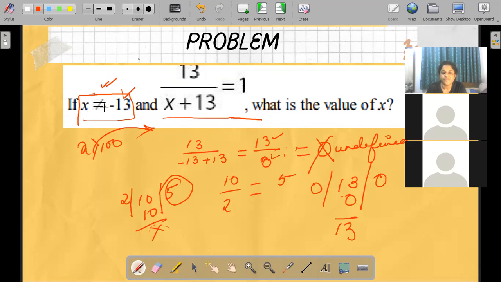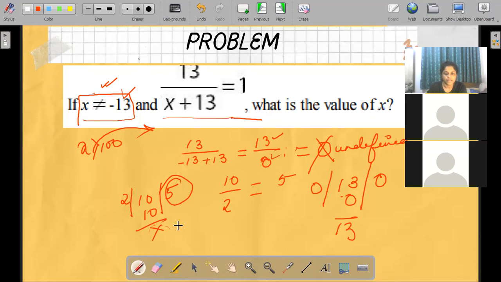This is a very common pattern of an algebra problem whenever there's a fraction. In a fractional equation, you'll always see it mentioned that x is not equal to something. If you put that something in the fraction denominator, you'll get an undefined result. Clear?